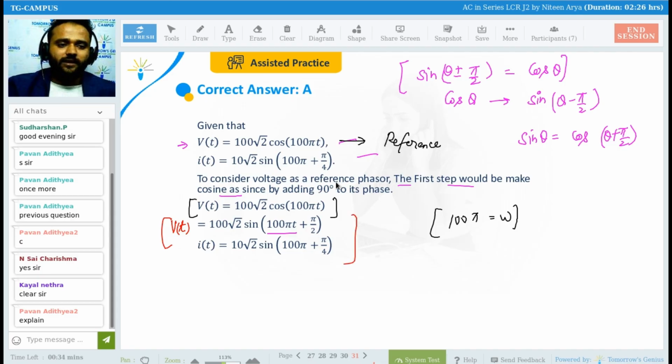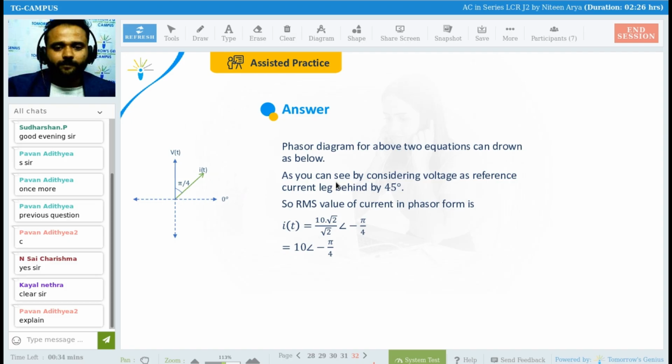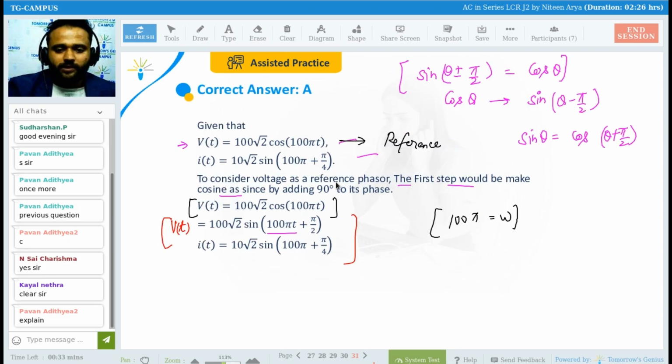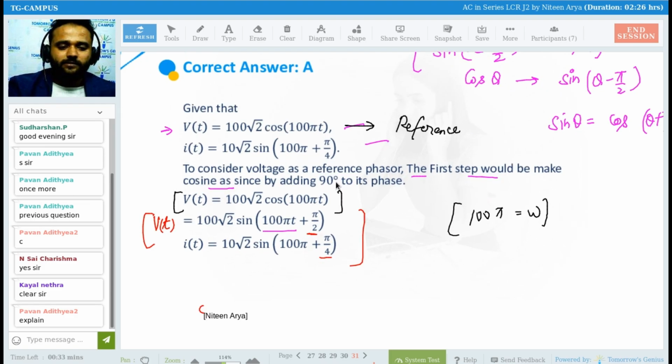Clear, everyone? So now if I need to find the phase, that is theta 2, the phasor diagram from the above equation can be drawn as this: v(t), which is pi by 2 ahead, and i(t), which is pi by 4 ahead. As you can see, by considering voltage as a reference, current lags behind by 45 degrees. Why so? Because that is pi by 2 ahead and that is pi by 4 ahead only. Clear?